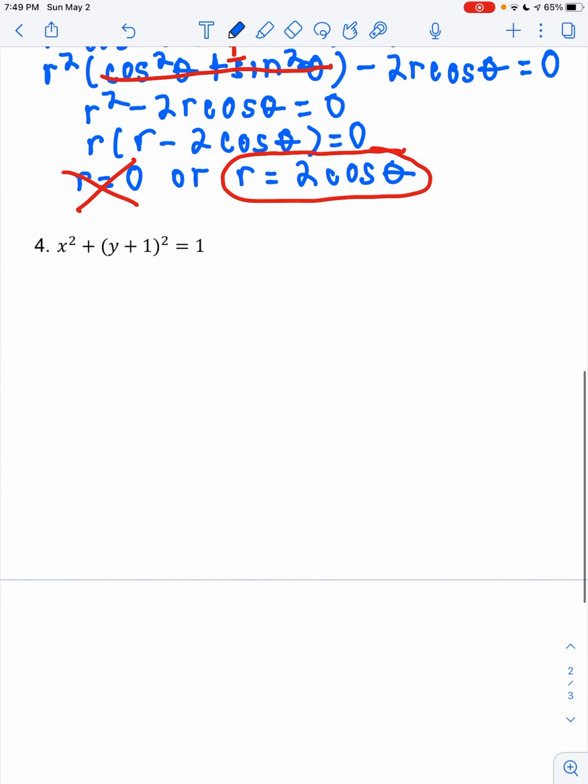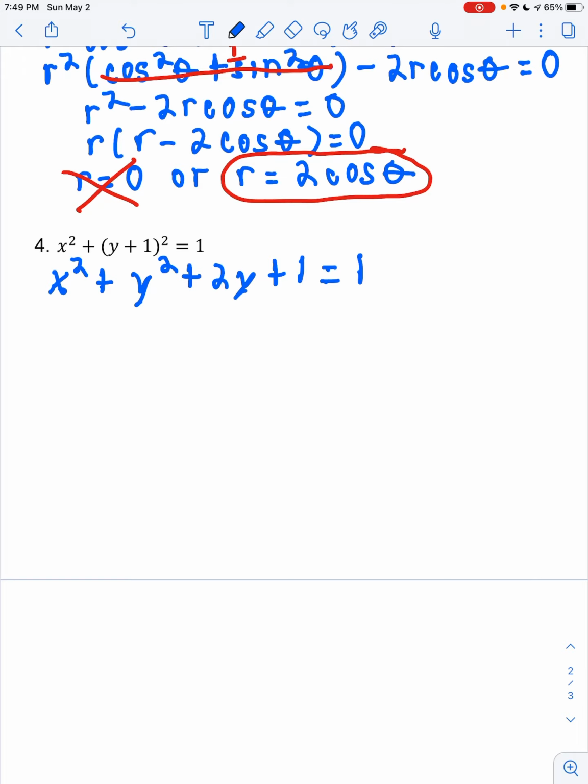Let's try one more. Our final problem, very similar. Again, I'm going to simplify before I substitute in the quantity y plus 1 squared. I think it's a little easier to do that. So I have y squared plus 2y plus 1.